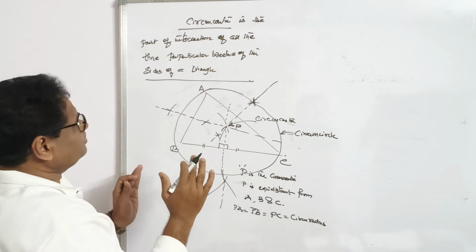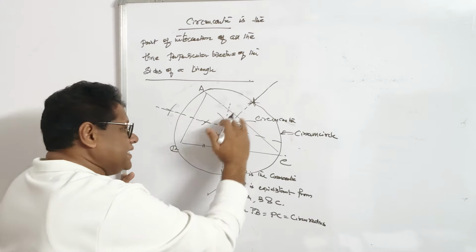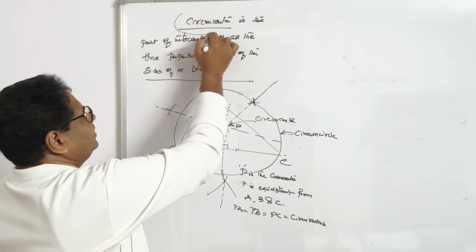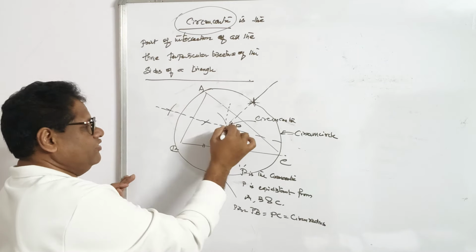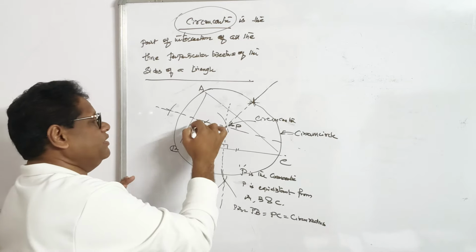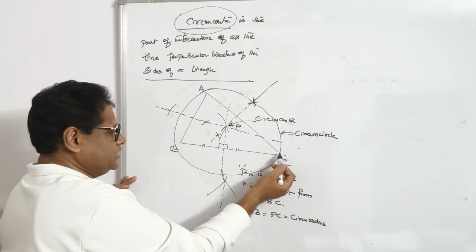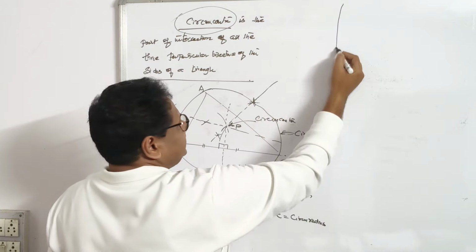So what is circumcenter? It is the meeting point of the three perpendicular bisectors of the sides of a triangle. That is the definition, right? And it is always equidistant from the three vertices. What are vertices? The meeting point of the lines. This is the vertex A, this is the vertex B, this is the vertex C. So this is all about circumcenter.